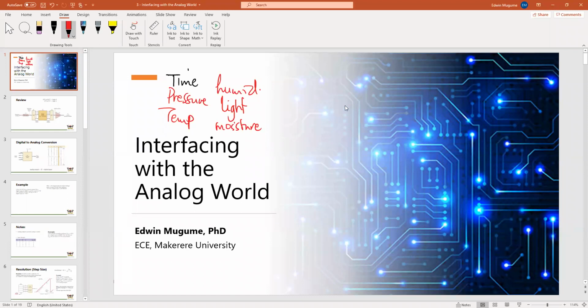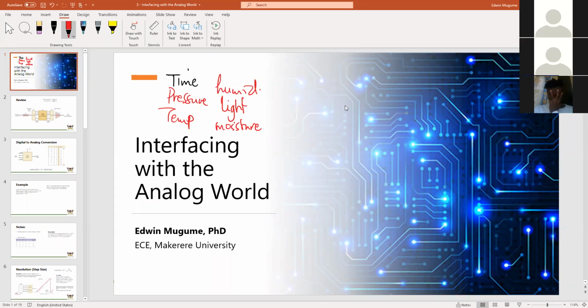However, we work with digital circuits. So that means that we need to find a way of converting these analog values or analog phenomena into some digital format that we can work with. For instance, think of a scenario where you are regulating the temperature of a room or some chemical process using your digital system like a computer.